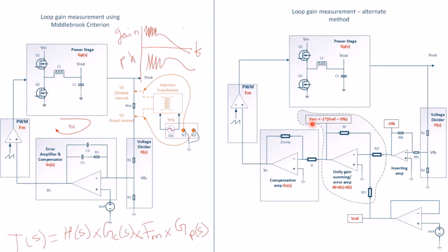So this is what I'm calling an error signal. This error signal goes into the compensation amplifier GC of S through the PWM block here, FM, and the power stage GP of S to give me an output voltage as desired from the reference signal.